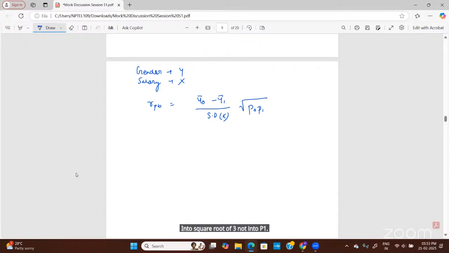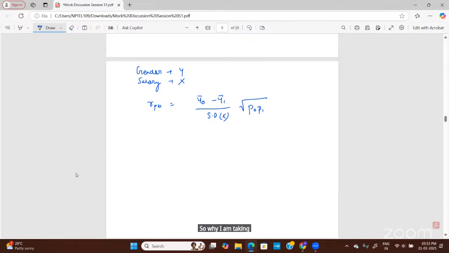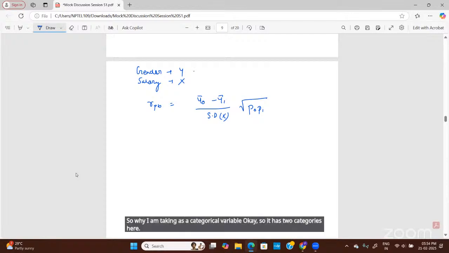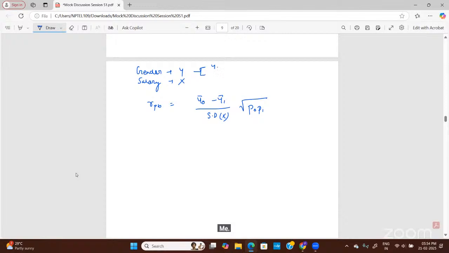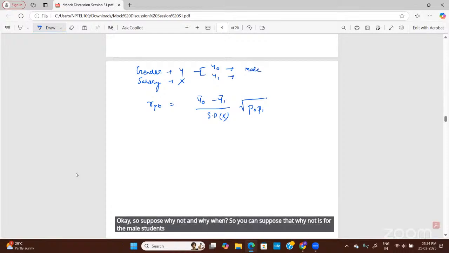Now understand what Y0 bar and Y1 bar are. Y is the categorical variable, and it has two categories here. Suppose Y0 is for the male students and Y1 is for the female students.